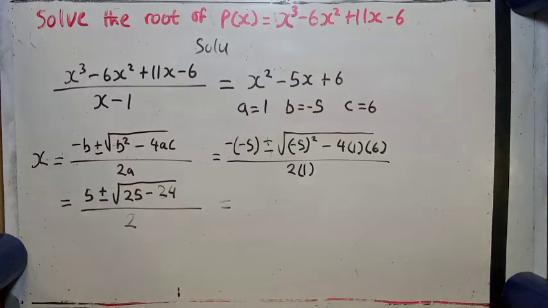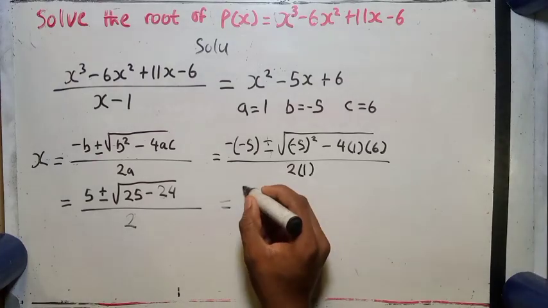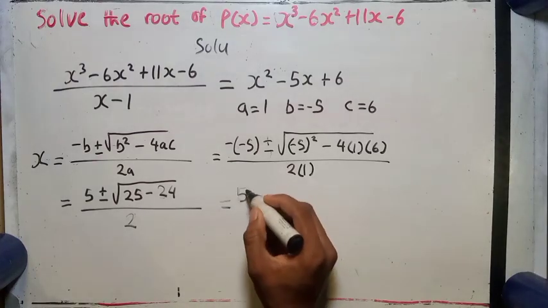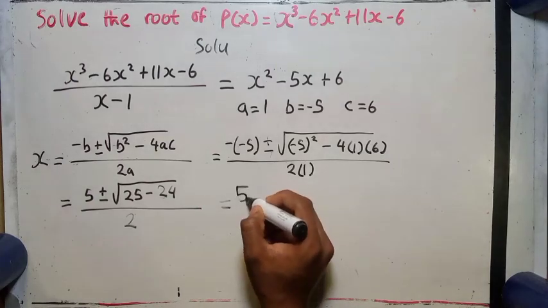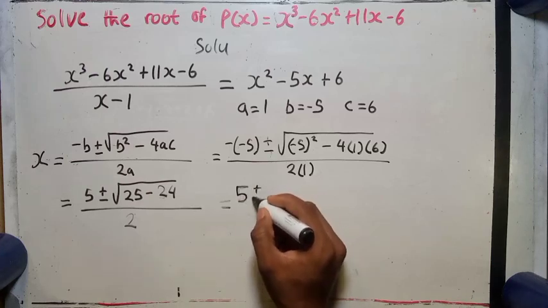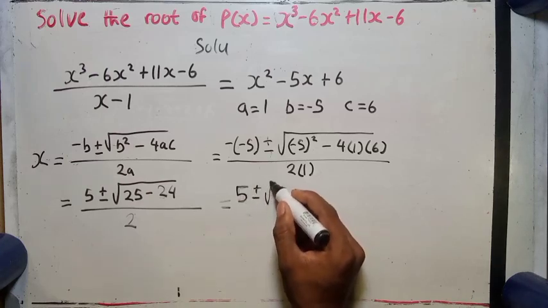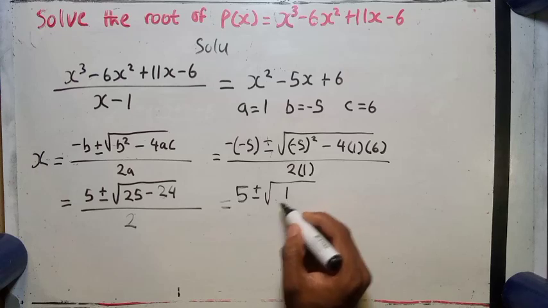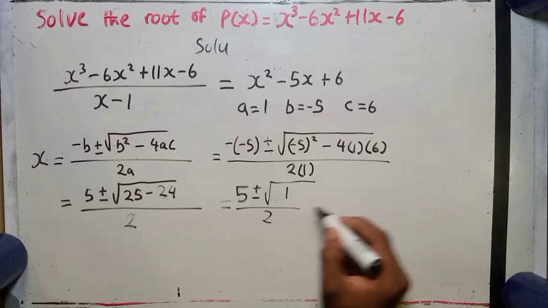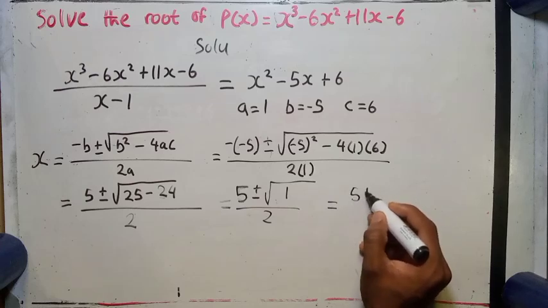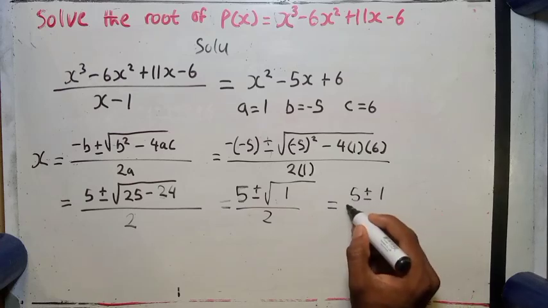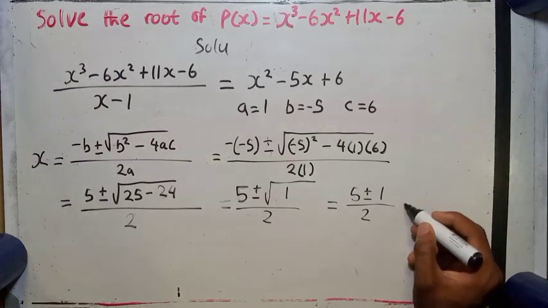This will definitely give us plus or minus the square root of what? 1 over 2. This will then give us 5 plus or minus 1 over 2.